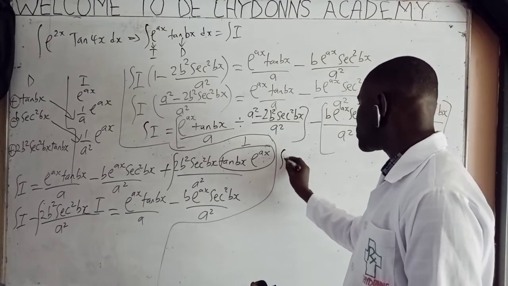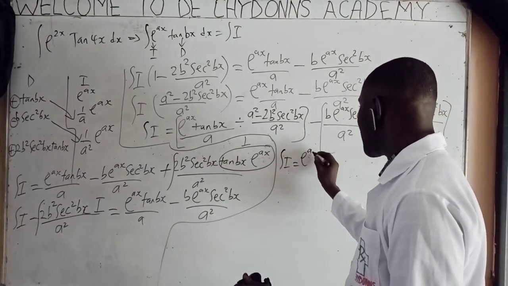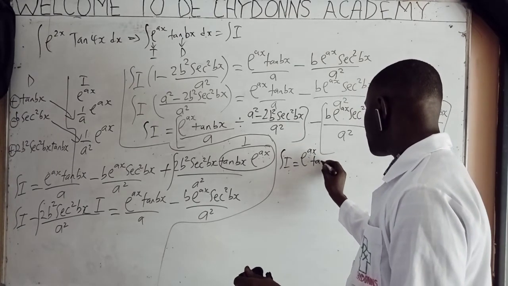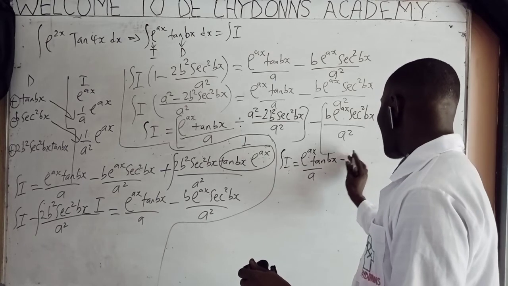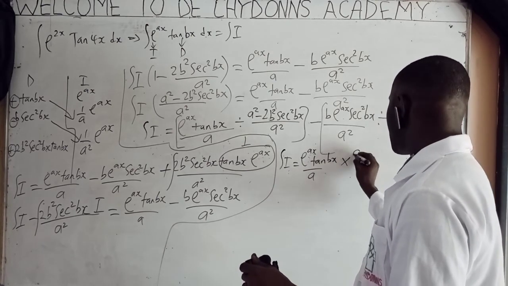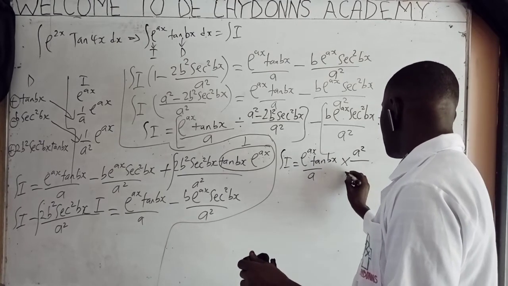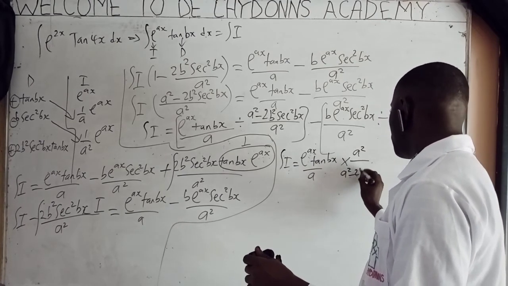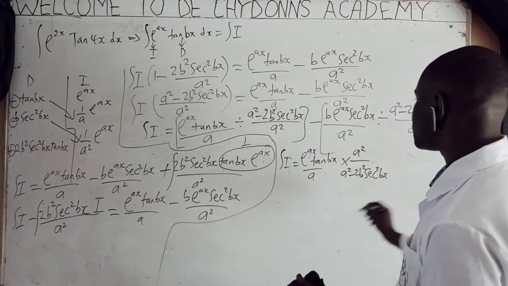You say integration I equals exponential ax tan bx all over a times a squared all over a squared minus 2b squared sec squared bx.